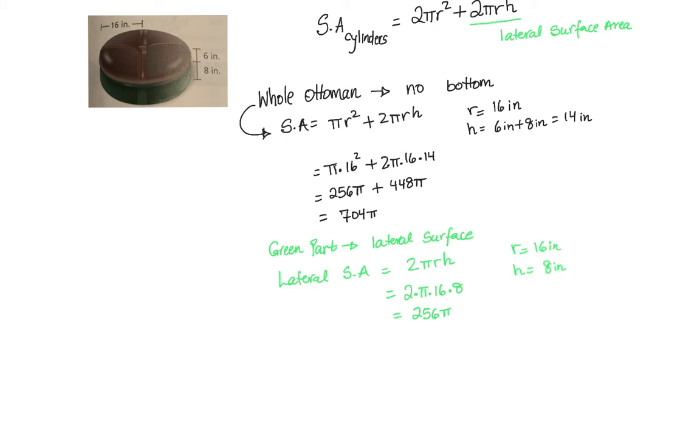Now, the question is asking, what percent of this ottoman is the green part? Notice I'm just leaving the numbers as pi. I don't really need to get it messy by multiplying by 3.14. So it's asking what percent this green part is of the entire surface area.